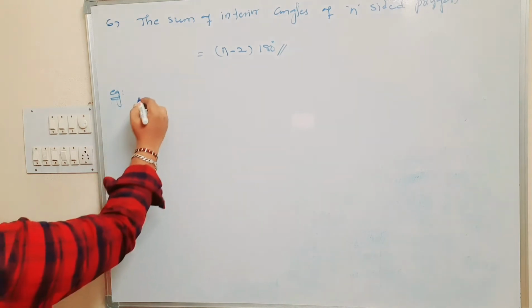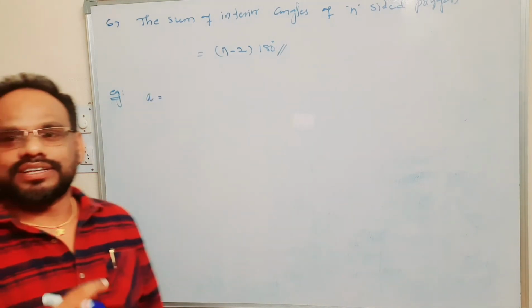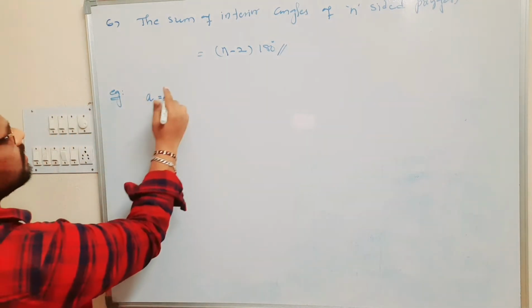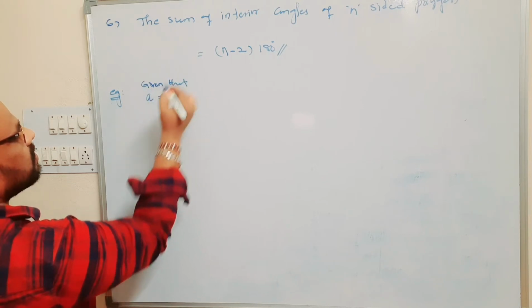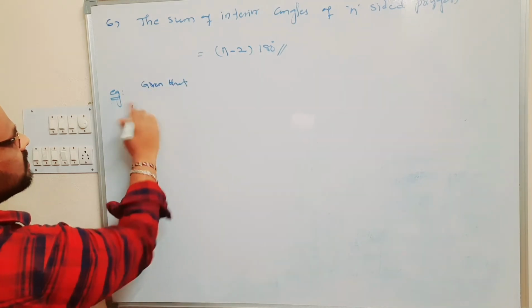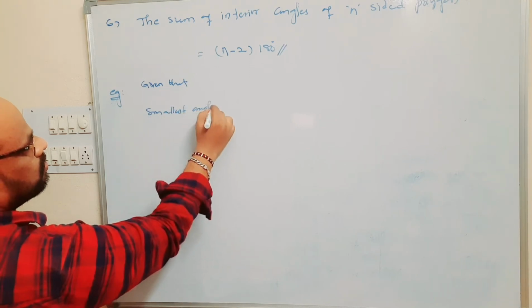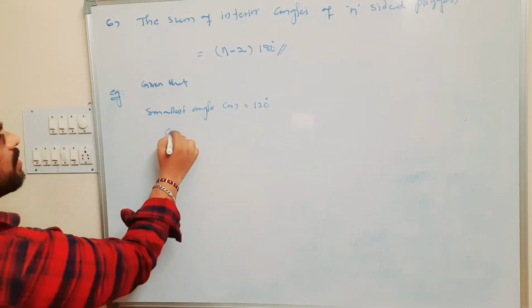Here, the first term is nothing but the smallest angle. The smallest angle of the given polygon, A, is given as 120 degrees. Common difference.